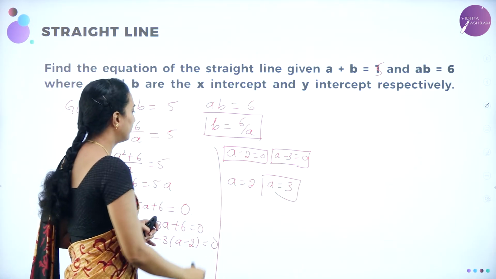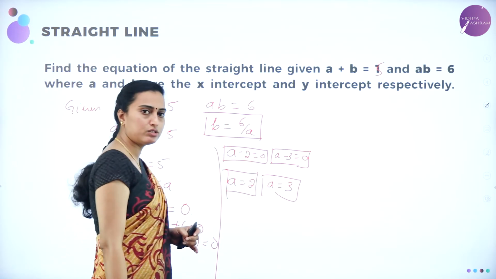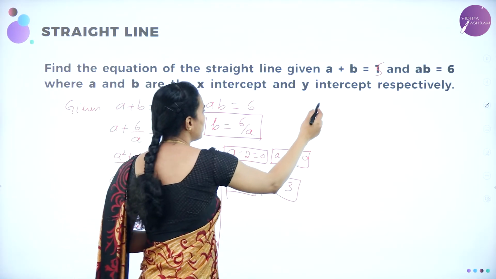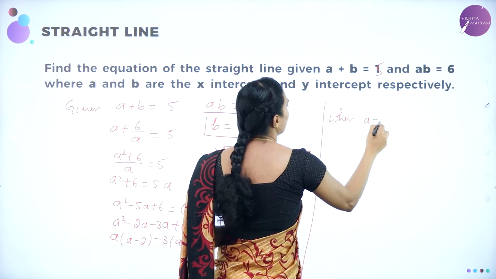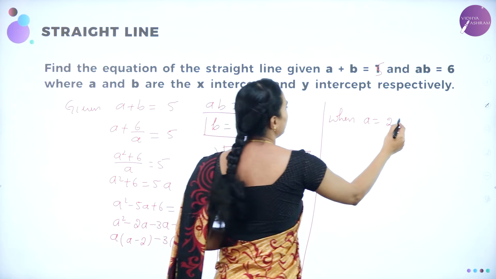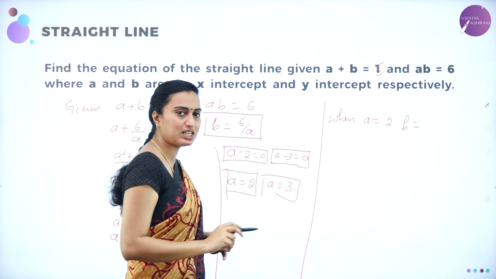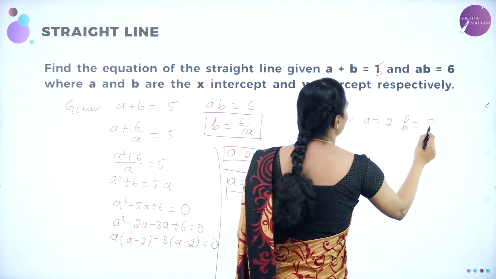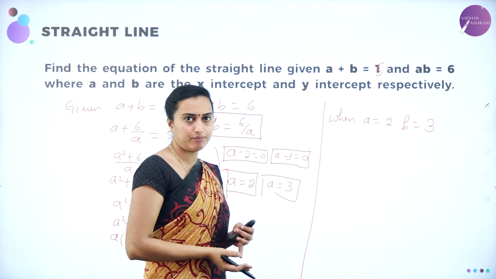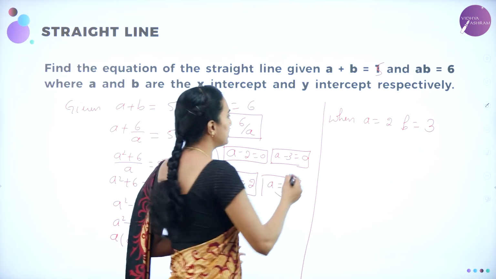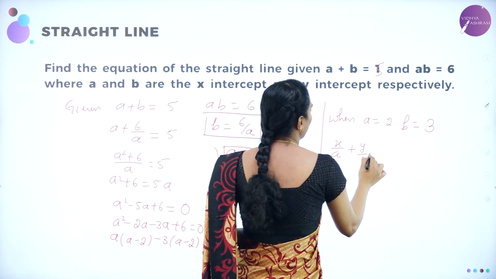So therefore you can substitute back to get the b value. So when a is equal to 2, b will be equal to, see here, 6 by 2. 2 3s are 6. So b will be equal to 3. Correct? You can find out the equation by the intercept form, that is x by a plus y by b, we know that is equal to 1.